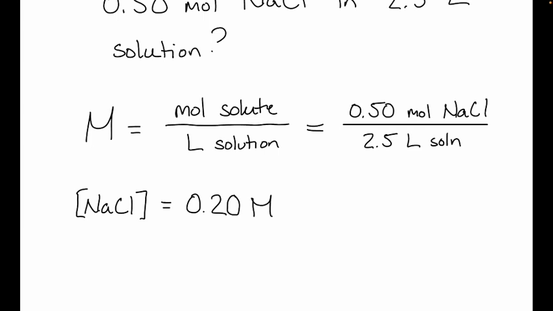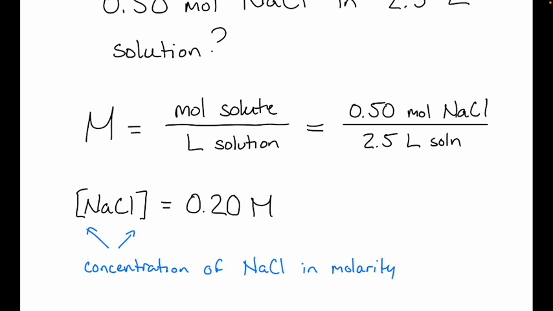But this bracket notation means the concentration of NaCl in molarity. Okay? Cool, so if you have moles and liters of solution, you divide the moles by liters because that's molarity, right?